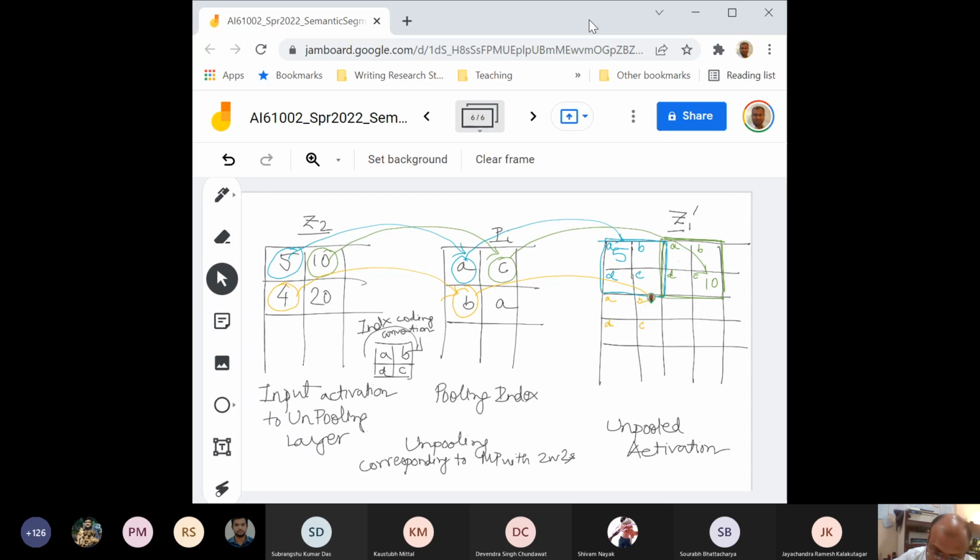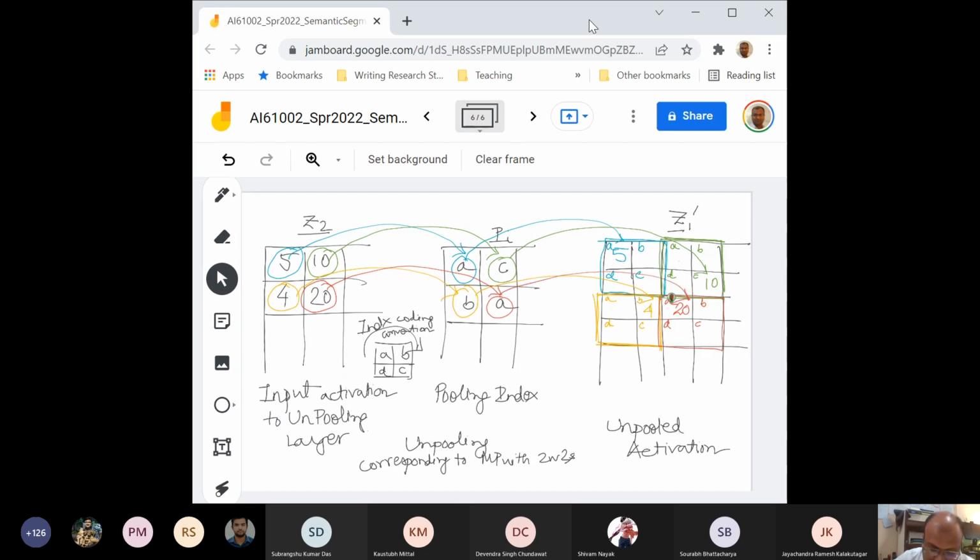This takes the value 4. And then you have this one, which goes to this location, and you have A, B, C, D. So this one will get the value 20 over here.